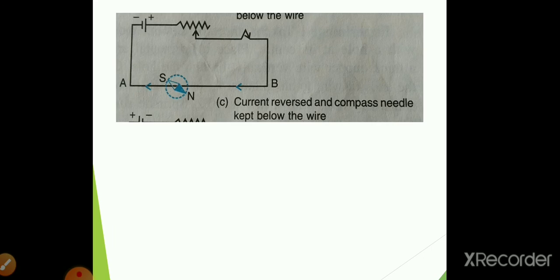You can observe the deflection of the compass here. When the direction of the current in the wire is reversed, by reversing the connection at the terminals of the battery, the north pole of the needle deflects towards the east direction. So the compass needle is deflected in clockwise direction. Yes, the north pole is pointing towards the east direction.